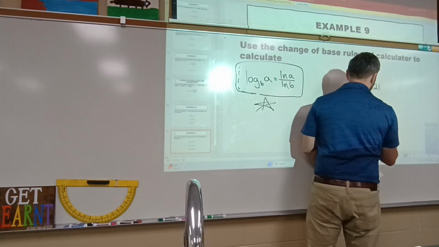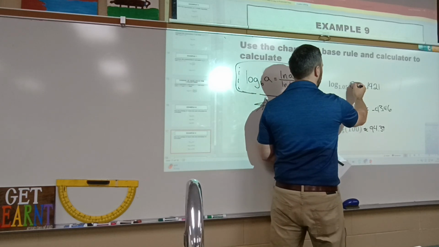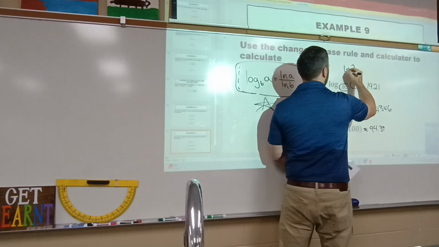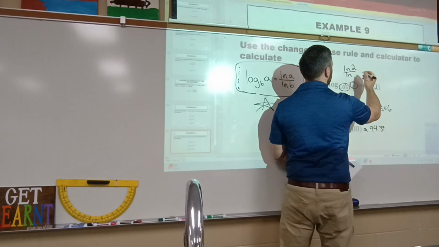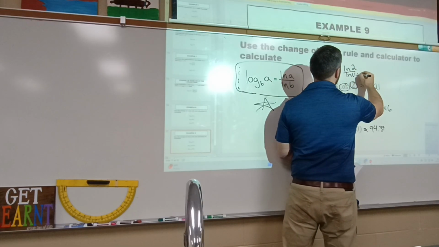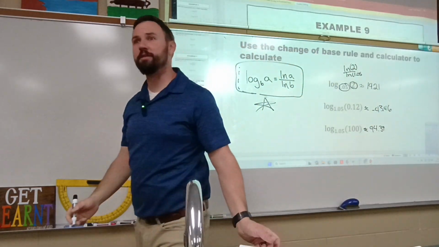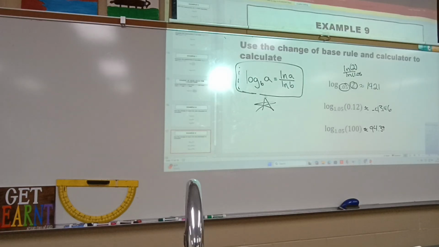Okay? So like I said, natural log of the bigger number over the smaller number, not smaller in terms of value, but smaller in terms of the little subscript number, right? And that'll work every time you need to change base. And that's all I have today.